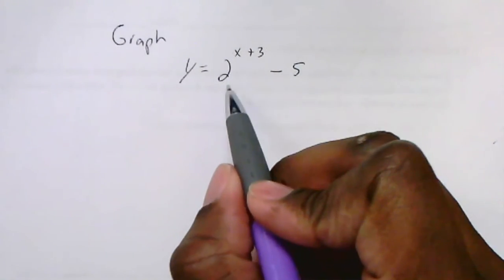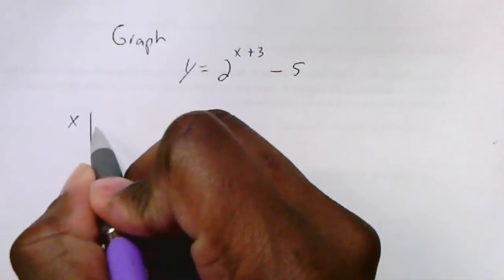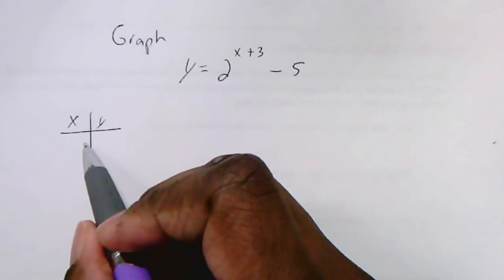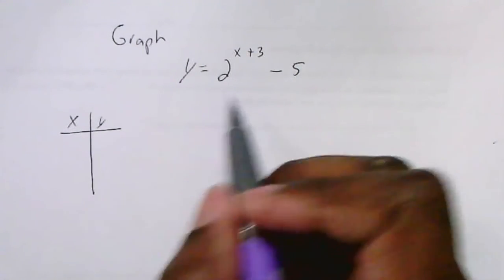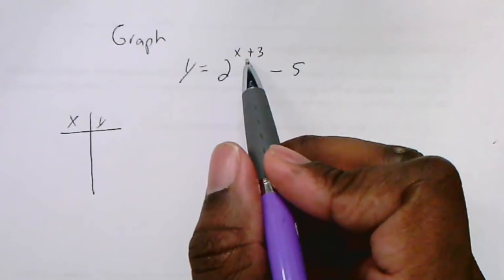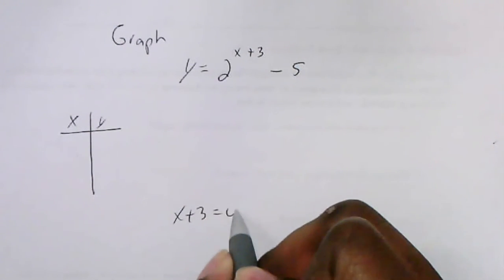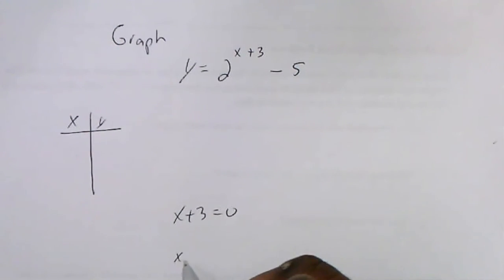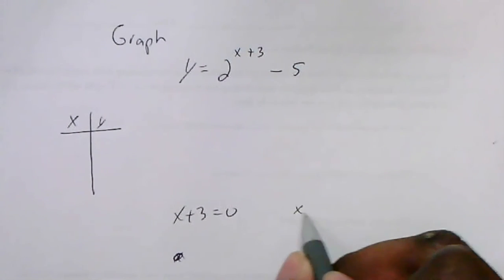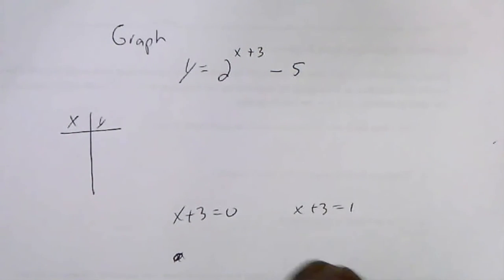So here, y equals 2 to the x plus 3, take away 5. So now, when I come to my table, I can't just use 0 and 1 this time, because now I've got to figure out what makes this exponent 0 and 1. So I'm going to take that exponent, x plus 3, set it equal to 0. Then I'll take that same exponent, x plus 3 equals 1.